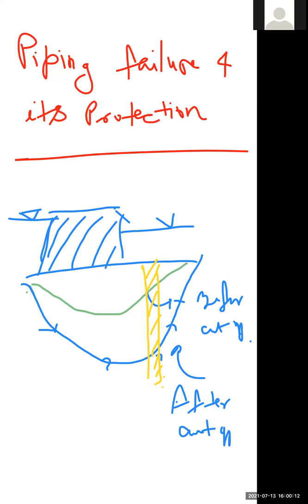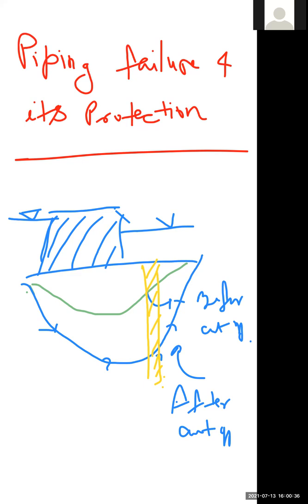So for no piping, the exit gradient in fine sand is maintained in the range of 1/5 to 1/6, and in coarse sand it is maintained in the range of 1/4 to 1/5. So the method of preventing piping failure: first we have to fix a sheet pile.